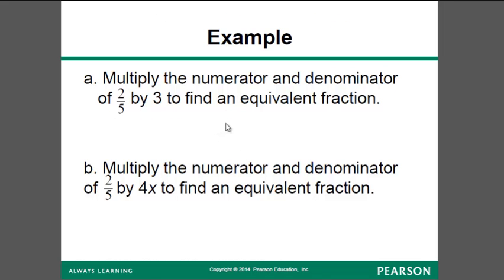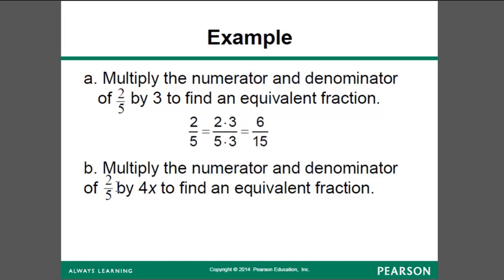So for example, we want to multiply the numerator and denominator of 2/5 by 3 to find an equivalent fraction. What we're going to do is literally take 2 times 3 and 5 times 3, and we get 6/15. So 2/5 is equivalent to 6/15.